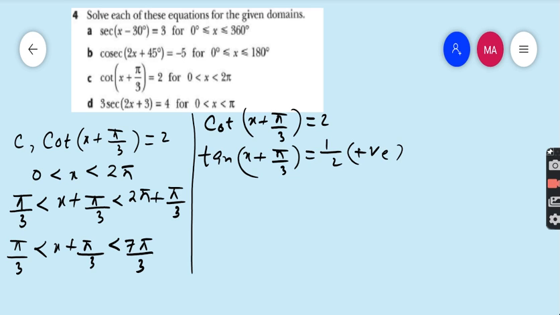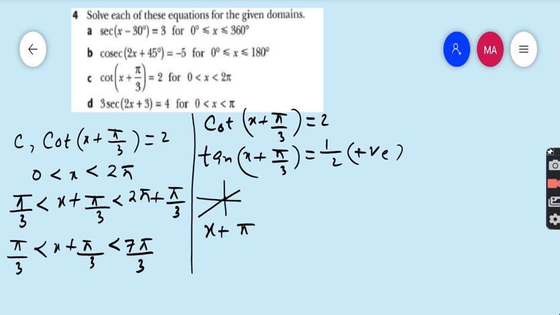Tan is positive, you know, in the first and in the third quadrant. So for this domain pi by 3 to 7 pi by 3, tan is positive in the first and in the third quadrant. Okay, now find the value.